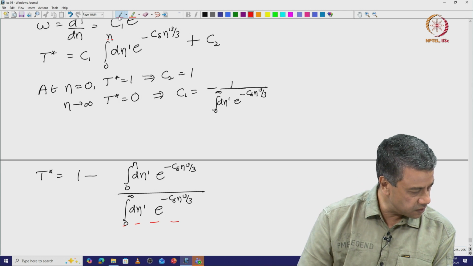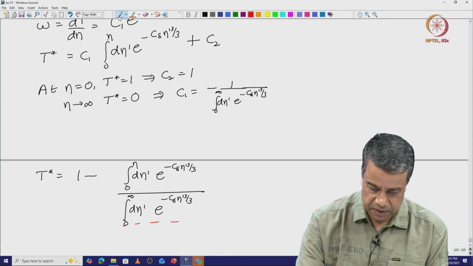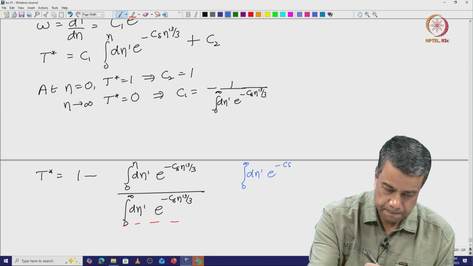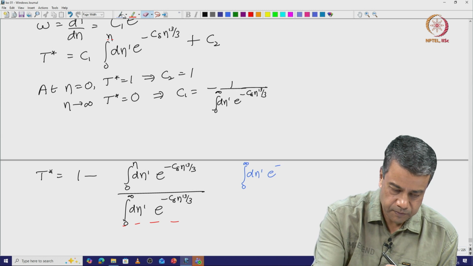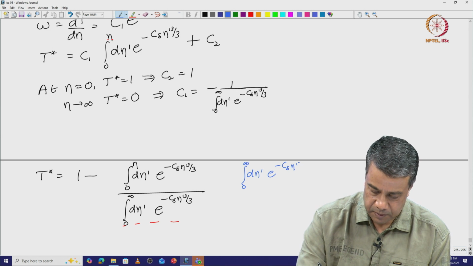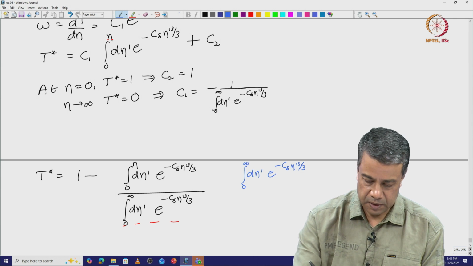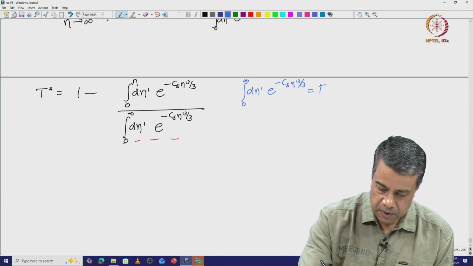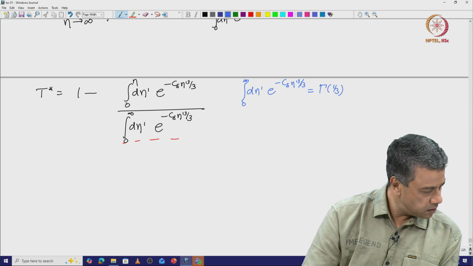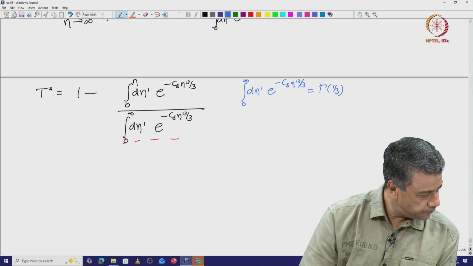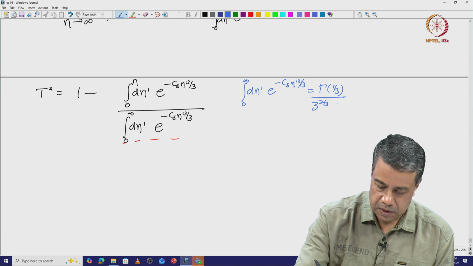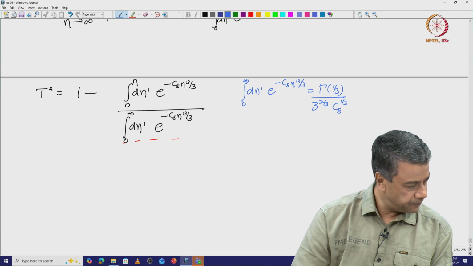Integral 0 to infinity of e power minus c delta eta prime cubed by 3 can be written in terms of special functions as gamma of 1 by 3 by 3 power 2/3 c delta power 1/3.